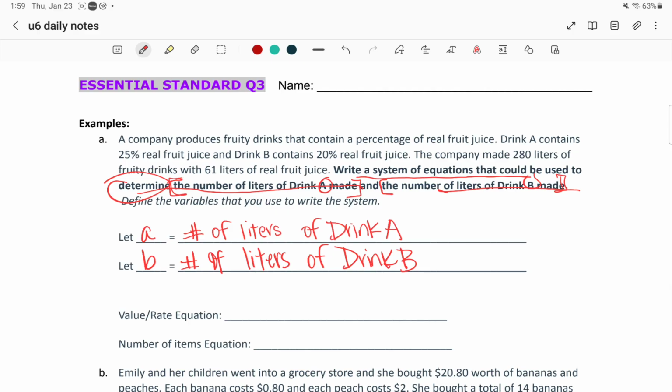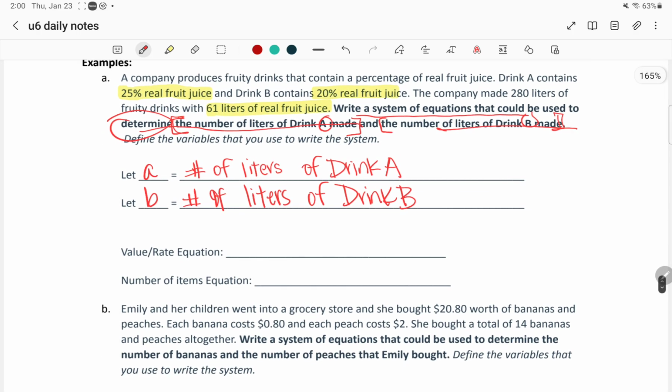I have three things that to me go together. Yes, we have 280 liters of fruity drink, but I see 25% real fruit juice, 20% real fruit juice, 61 liters real fruit juice. Those are three things that go together. And so that's going to be my number of items equation. Okay.